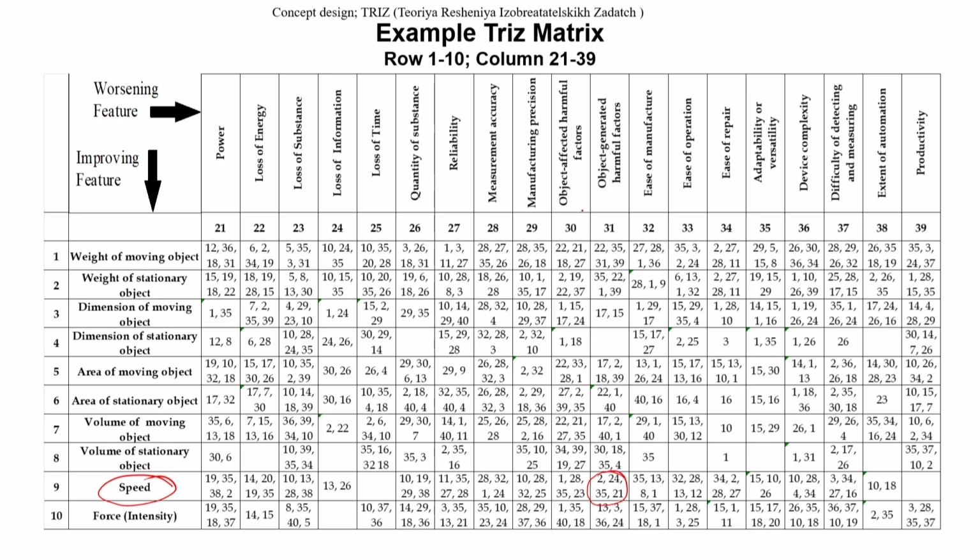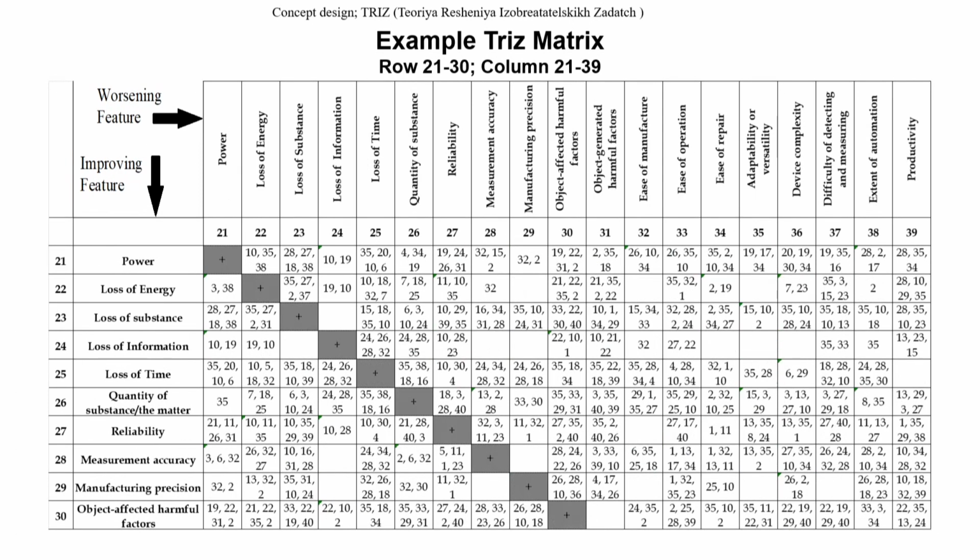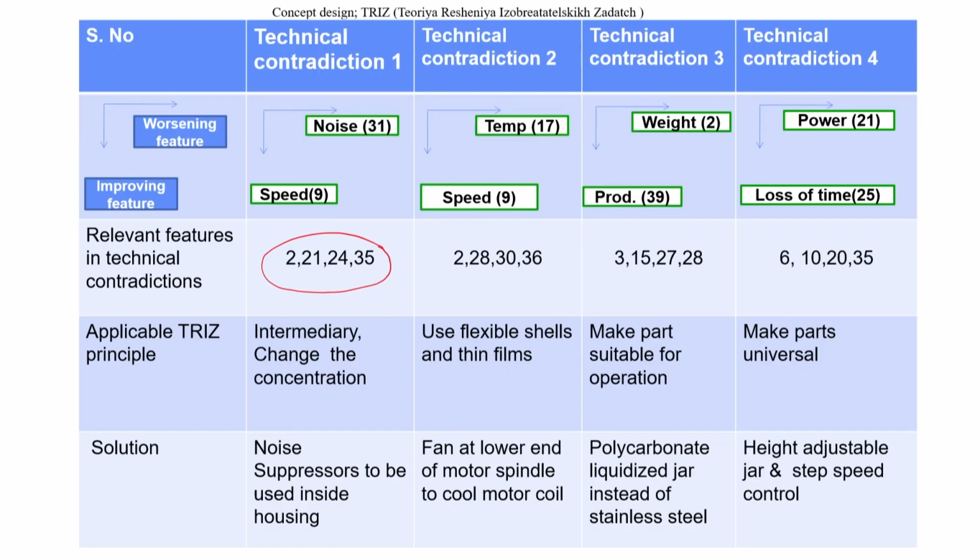That is what we have seen. Worsening feature is object generated harmful factors like noise and temperature, etc. So, 2, 24, 35, 21, and if I look at it again, some of them talk about use of intermediary, we have just seen it in this lecture. Then change the concentration, parametric change. Okay. So, these are different types of principles.